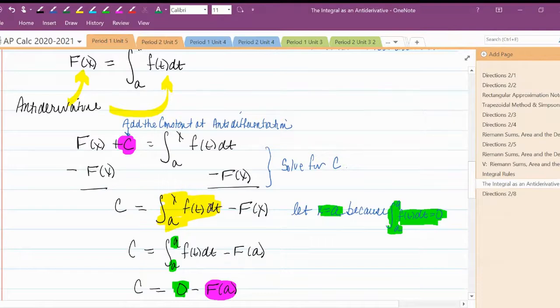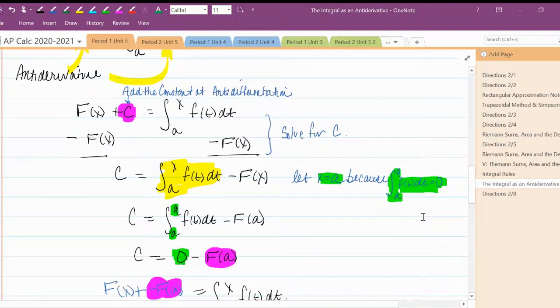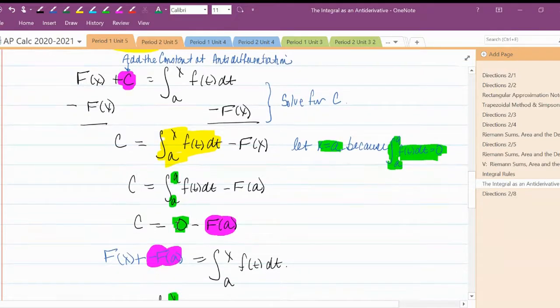So I'm going to add that constant of antidifferentiation, and I'm going to solve this equation for C. I get that C is this definite integral, subtract the antiderivative, and then I'm going to let A equal x, because I know one of my integration rules is if I have a definite integral that starts and stops at the same spot, then its value is 0. So then this tells me my constant of antidifferentiation is really this minus F of a.